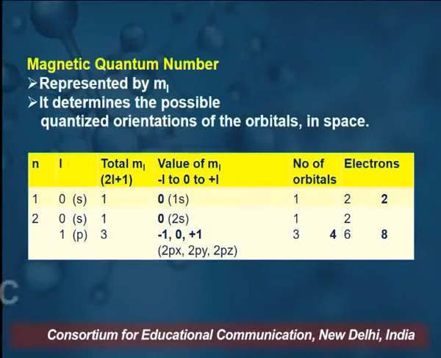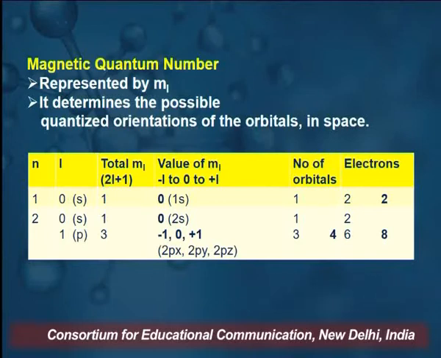Moving to the magnetic quantum number, it is represented by ml or sometimes only by m. It determines the possible quantized orientations of the orbitals in space. Let us take the example n equal to 2. The values of l will be 0 and 1. Now coming to the values of magnetic quantum numbers, it will have the total values 2l plus 1.